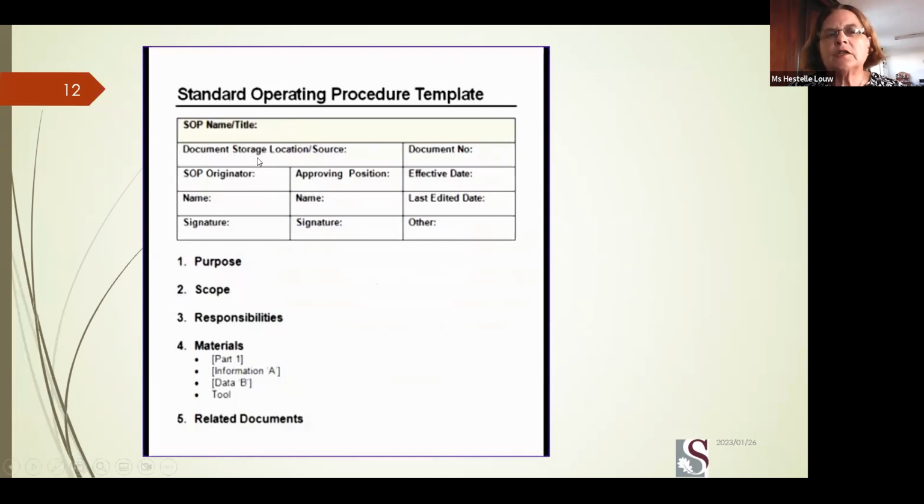Then they've got the document storage location source, document number, and the SOP originator, the name and the signature, which we've mentioned earlier on, the approving position, the name of the person and the signature, and then the effective date. When it was done, put the date, the last edited date, and that's important, and others.